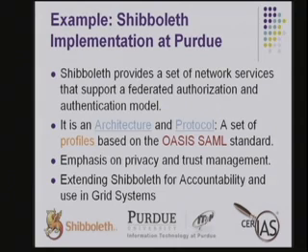So it gives us an architecture, and it gives a set of protocols which is based on SAML. And it emphasizes the privacy and the trust management. And we are currently looking at how we can provide accountability in the system and extend it to use it in grid systems. There's a big TeraGrid project here at Purdue where we are trying to see how the Shibboleth can be used.